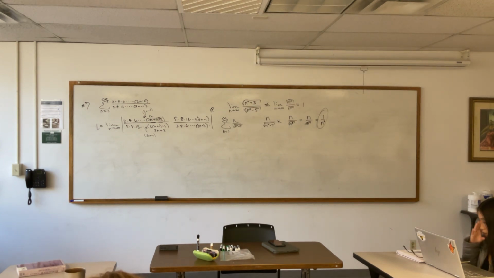It would be on the bottom, exactly. And the same thing there, that cancels, just 4n plus 3 over 5n plus 4. There you go. Then the limit of that is 4/5.